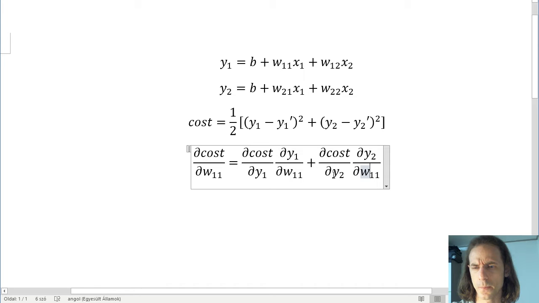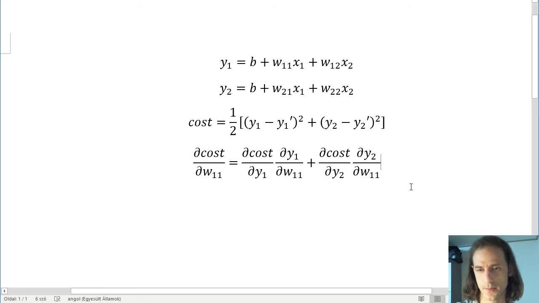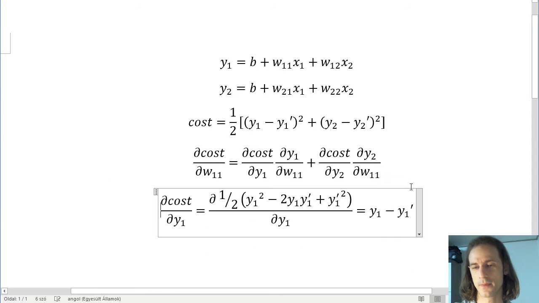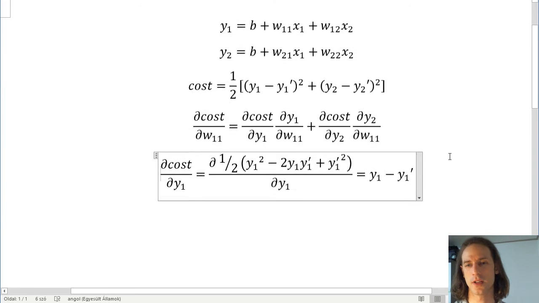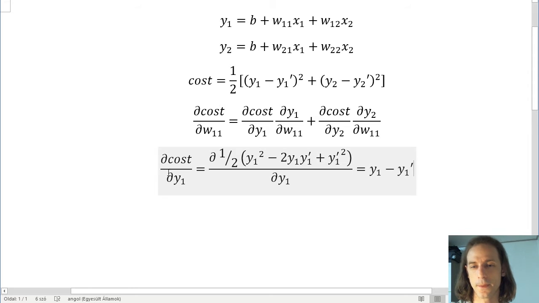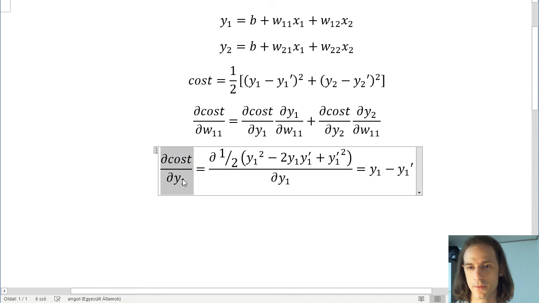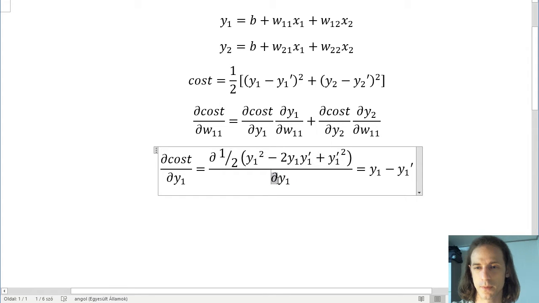So let's see, what else can we say if we have this cost function. Okay, let me scroll a little. So we differentiate the cost function with respect to y1, so the derivative will be this function by this.